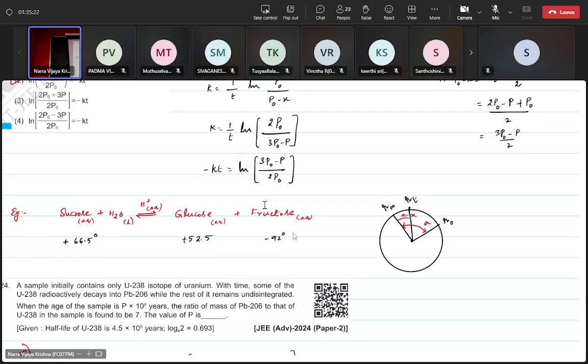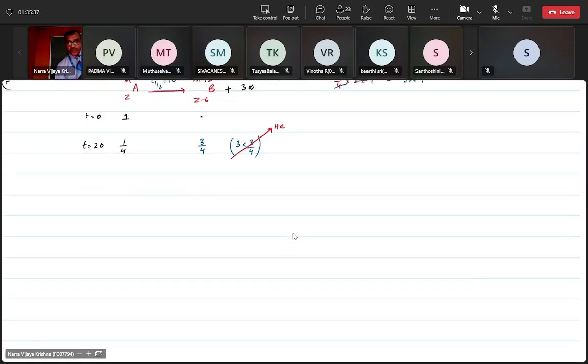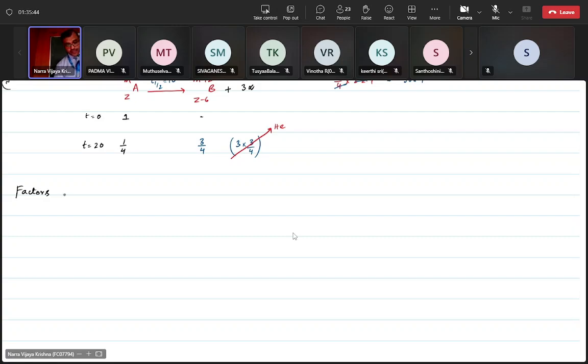Then we need to see factors affecting rate of a chemical reaction. The next slide heading is factors affecting rate of a reaction. This we will discuss in the next class.